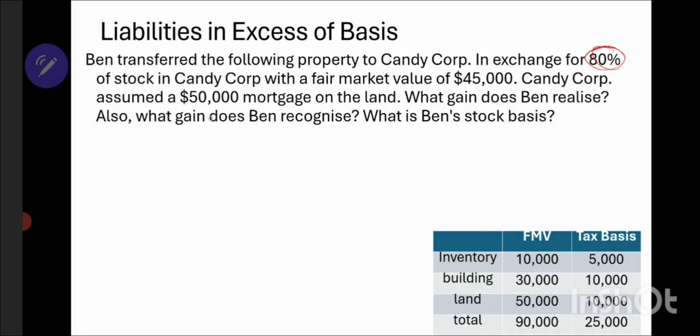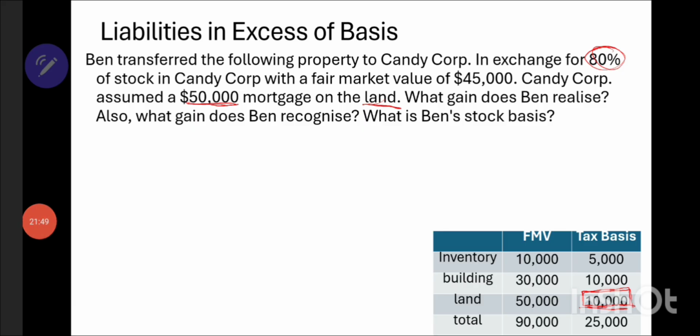So let's stop there for a second. We have a $50,000 mortgage on the land. The tax basis in the land is only $10,000. So let's make note of that right now. What gain does Ben realize? And also, what gain does Ben recognize? And then we want to know his stock basis.